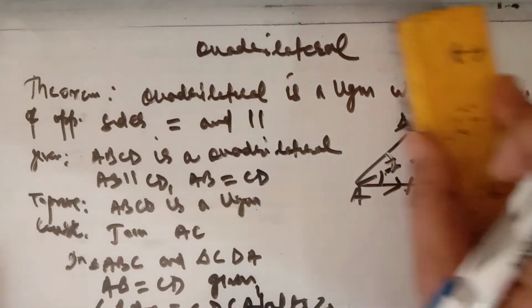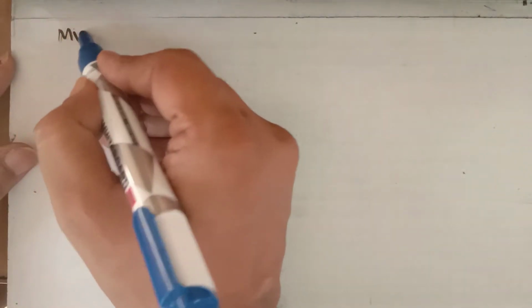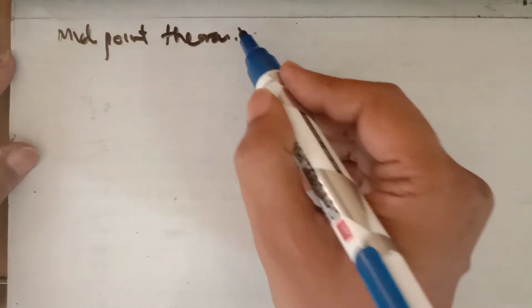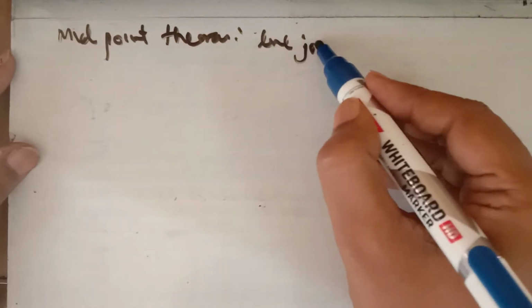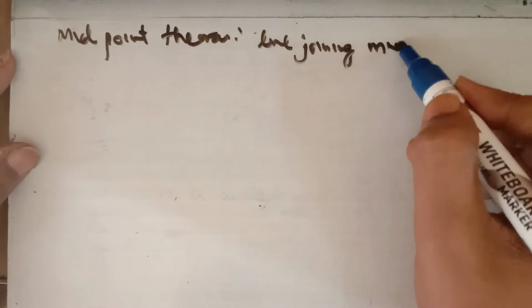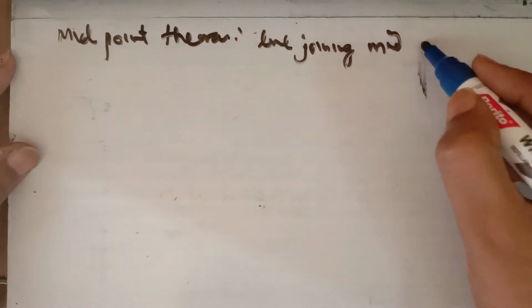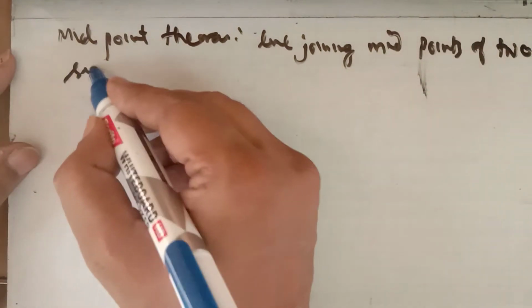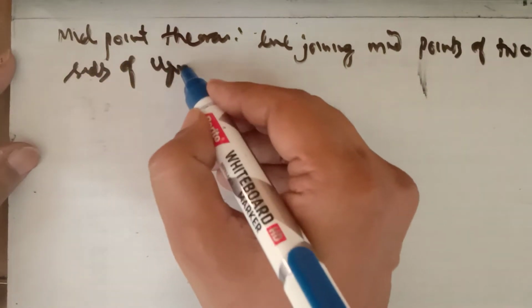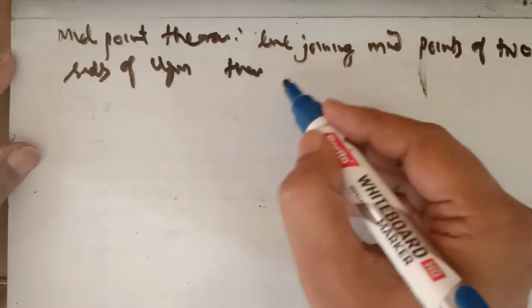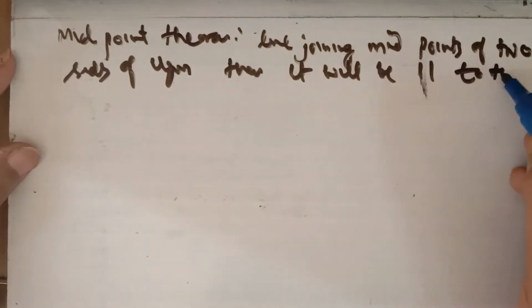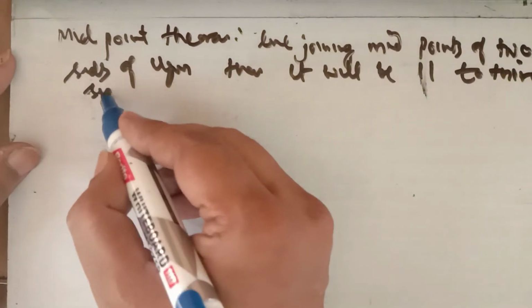Now the next theorem is the midpoint theorem. It is a very important theorem. It says that the line joining the midpoints of two sides of a triangle is parallel to the third side and half of it.